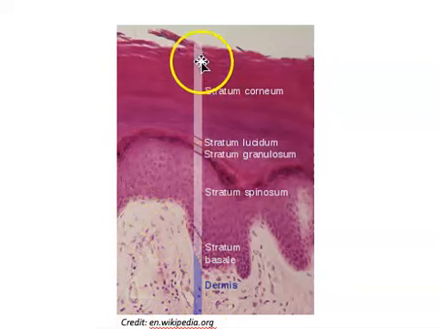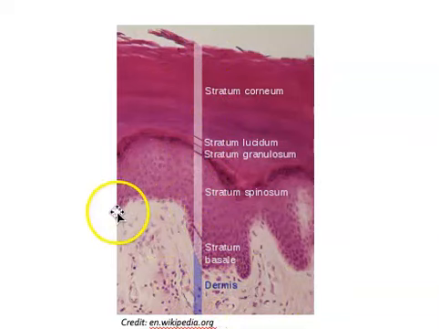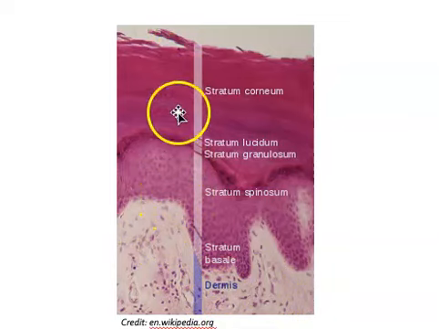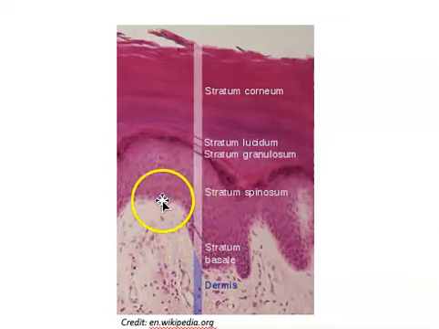Now, in the very center of the image, they have purposefully overlaid this bar here to show us where each layer begins and ends. So the single layer of dark pink cells at the bottom of this whole epidermis is the stratum basale. A single layer of cells right at the bottom of the epidermis called the stratum basale.